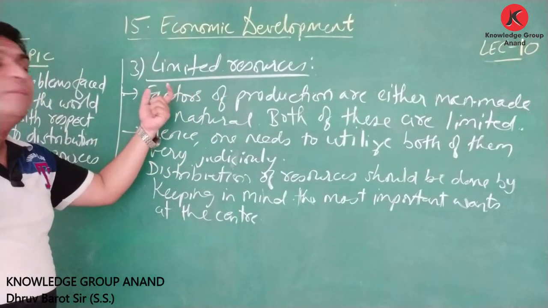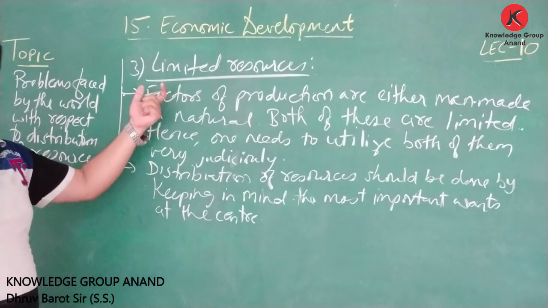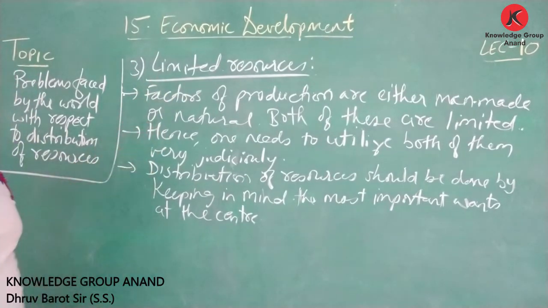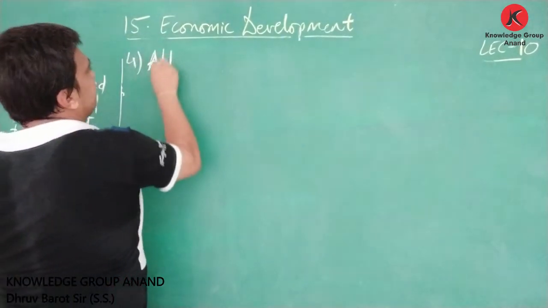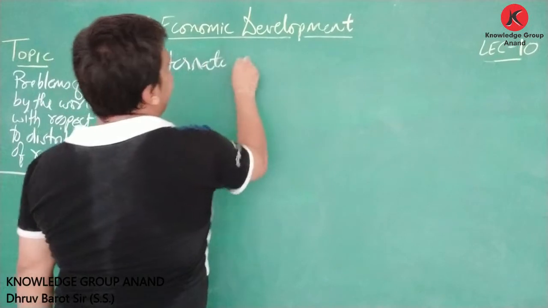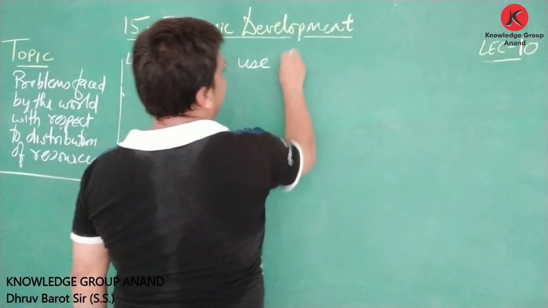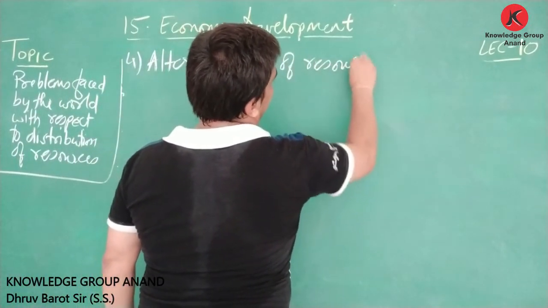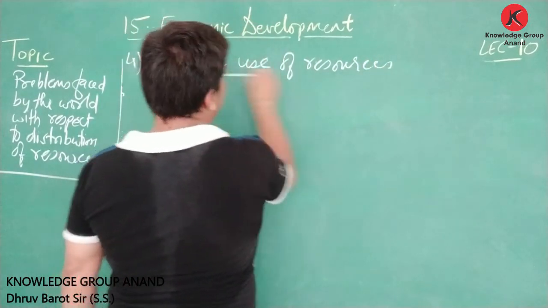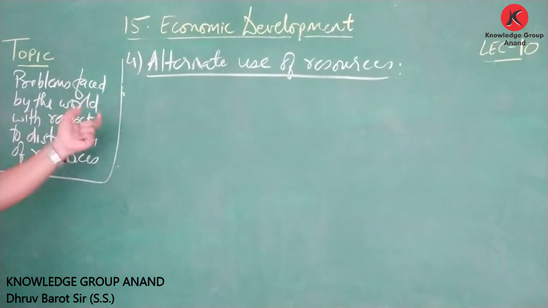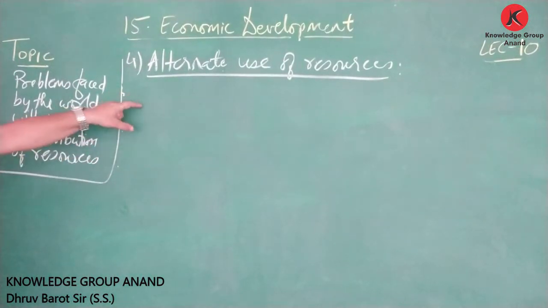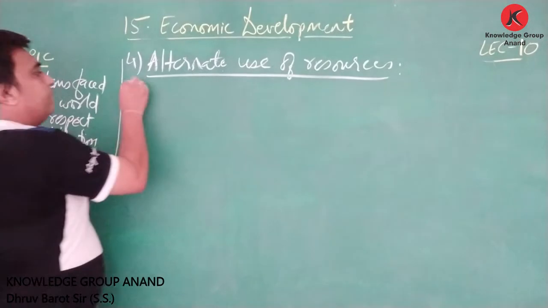Let us move towards the fourth problem faced in resource distribution. Friends, the fourth is alternate use of resources. The fourth problem that is faced with respect to distribution of resources is alternate use of resources.